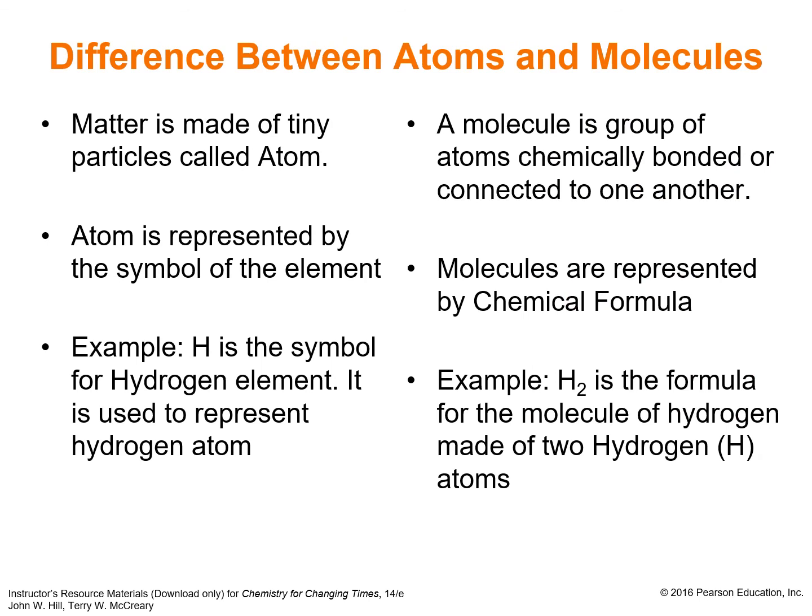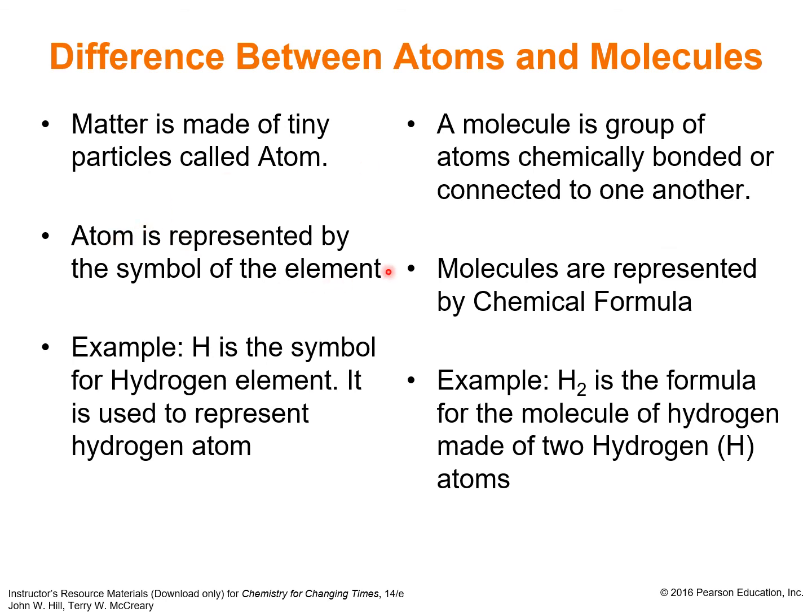So now that we have covered the chapter and we are almost at the end, let's quickly review the difference between atoms and molecules. So we know what is an atom. Atom is the tiniest particle of the matter, and the molecules are actually the group of atoms which are chemically bonded or connected to each other. So more than two atoms form a molecule.